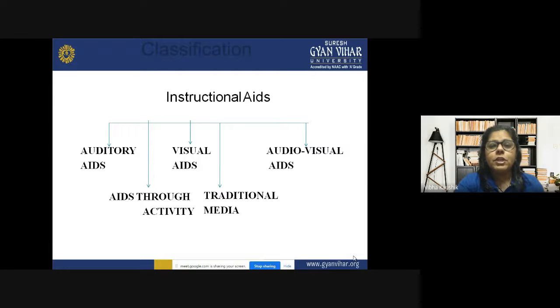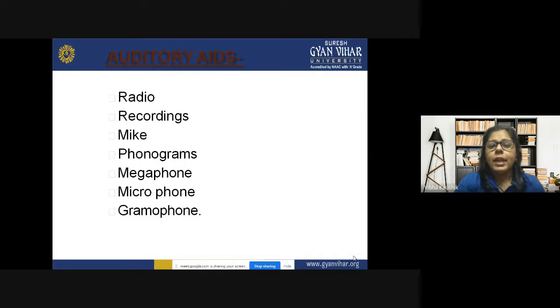Now, classification of instructional aid. It can be auditory aids, aids through activity, visual aids, traditional media, or audio-visual aids. Auditory aids are radio, recording, phonograms, megaphones, microphones.